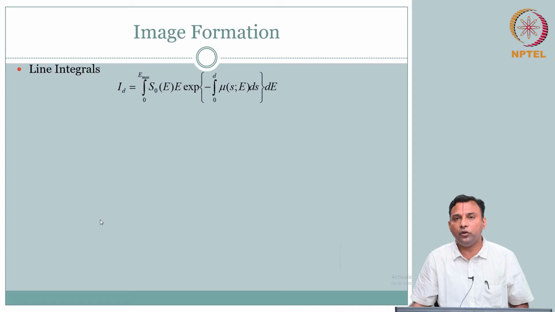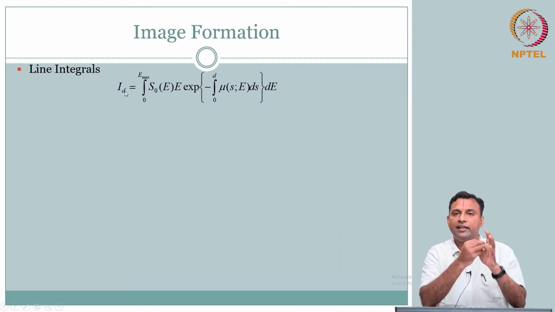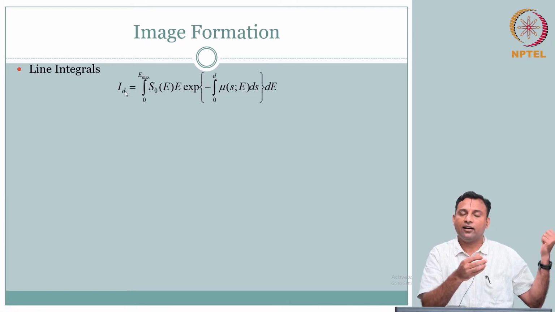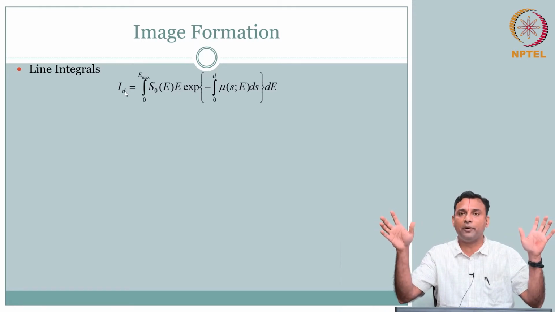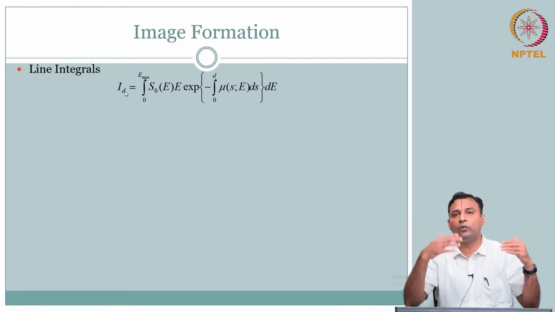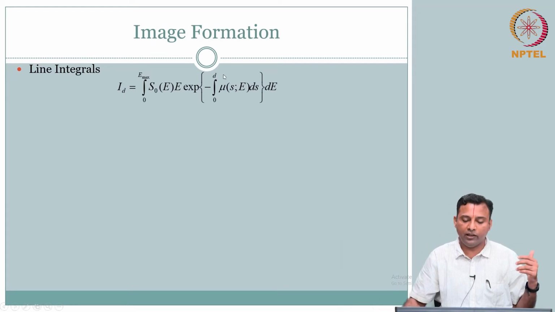Now what do we need to do? Given this, we can quickly understand. In projection radiography, we didn't really bother with image formation. Whatever falls on the detector, we had an intensifying screen, converted to optical density. We have an image of optical density that fundamentally was related to the underlying mu.